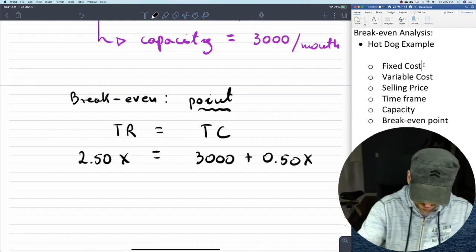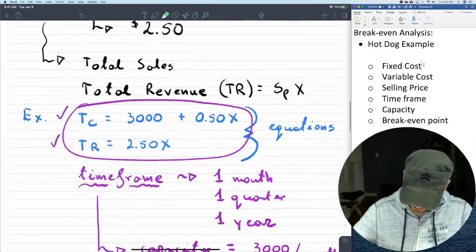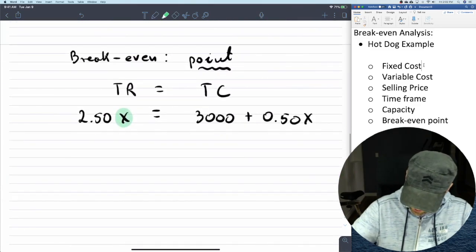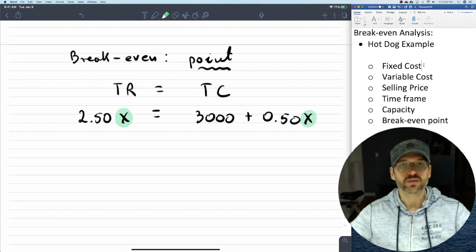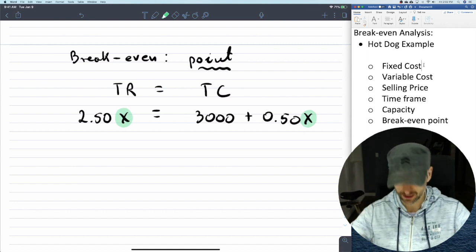Now notice what I have is an X. If I take that X right here, I should be able to solve this equation to find out that X, once I solve it, because I made them equal, will tell me how many units I will have to sell in order to make a profit of 0, to finally cover all my costs.